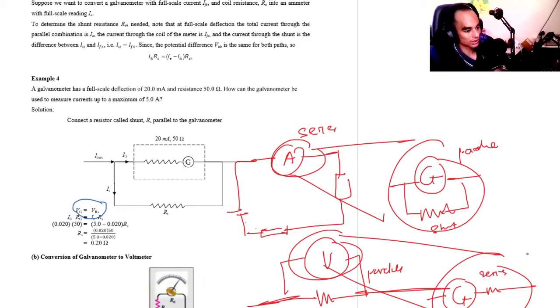Okay, so remember, if you are confused whether inside the ammeter or inside the voltmeter is series or parallel, you just remind yourself whether the meter is connected in series or parallel to the circuit. Then the thing inside will be opposite. Okay.